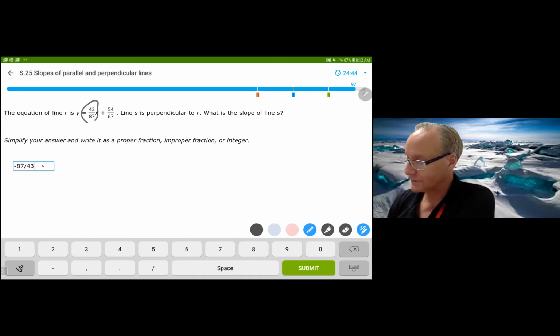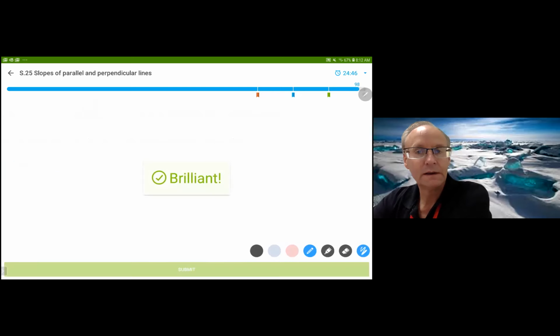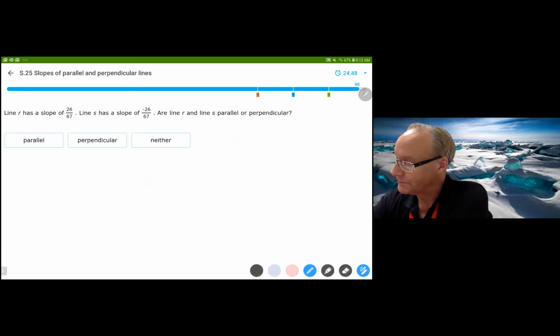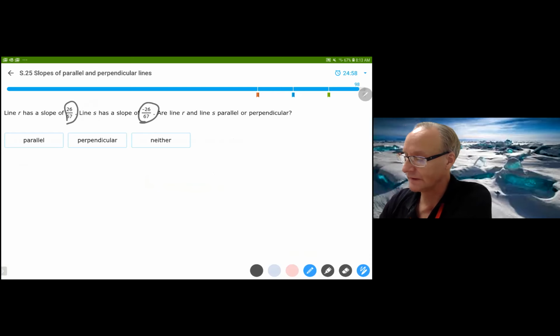I'm going a little faster just to help you out. And we're almost done. They are not negative reciprocals. This is neither. 26 over 67 and negative 26 over 67 are intersecting, but they are not parallel and not perpendicular. They are neither.